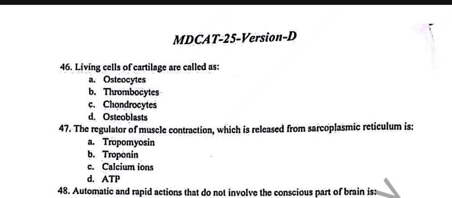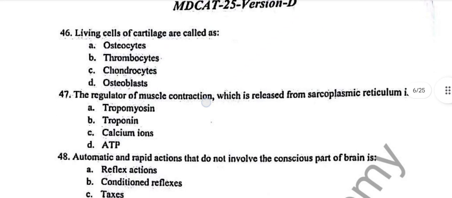And the correct option is C. Chondrocytes. Chondrocytes are mature cartilage cells that maintain the cartilage matrix. Osteocytes are mature bone cells. Thrombocytes, platelets involved in blood clotting. Osteoblasts are bone forming cells.